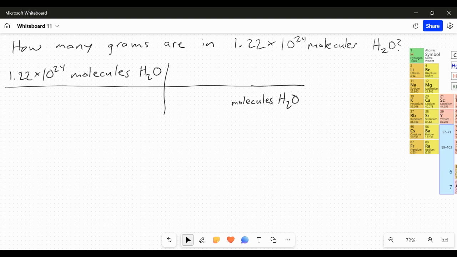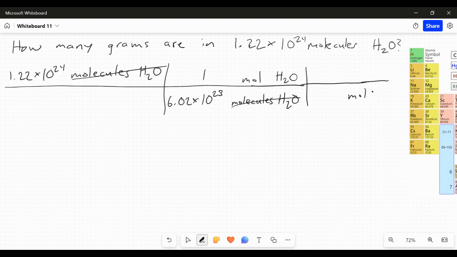I can't go molecules to grams, but I can go molecules to moles. And you see how both problems first convert it into moles? That's because moles is kind of like a bridging unit between the two. So 1 mole is 6.02 times 10 to the 23rd molecules. Just using Avogadro's number. Cross out my units. Now the unit I have left is moles. I need one more step.